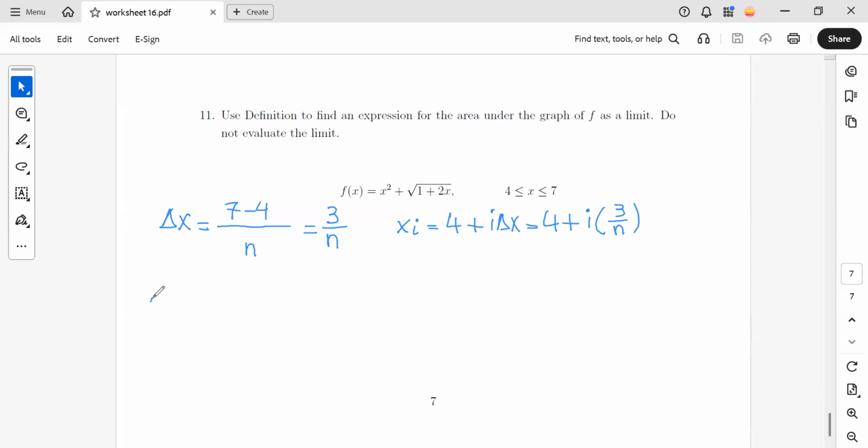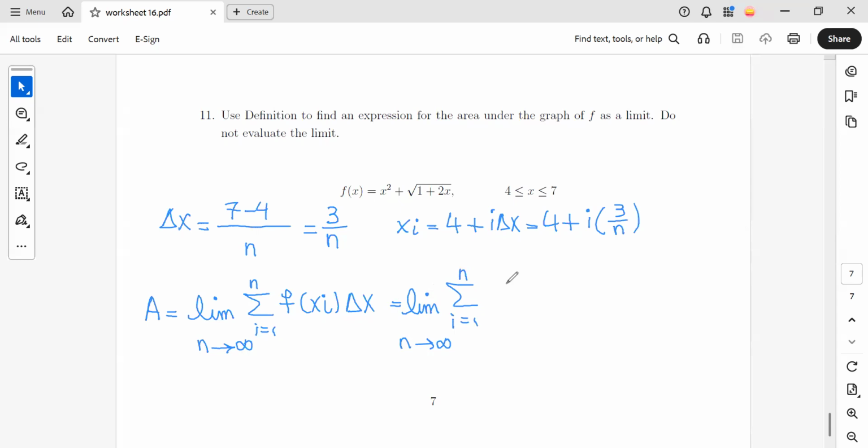So the definition says the area will be the limit when n is approaching infinity of sigma of f of x sub i delta x when i changes from 1 to n. It means that you would have the limit when n is approaching infinity of the sigma of i equals 1 to n. f of x sub i is whatever you have for x sub i plugged into f of x.